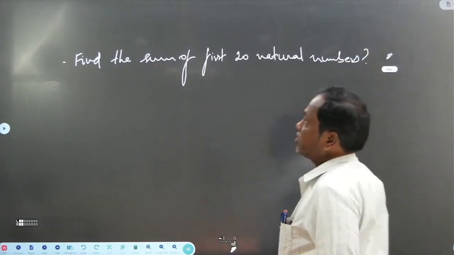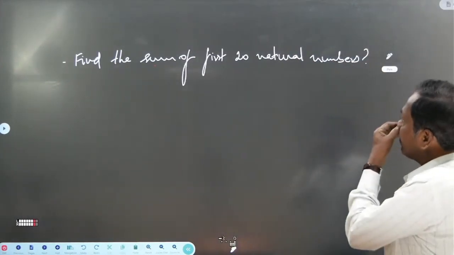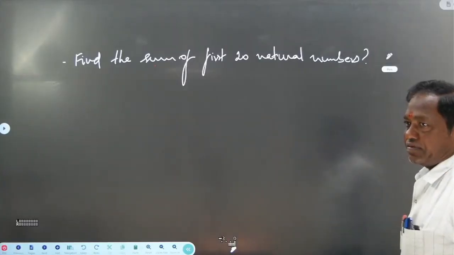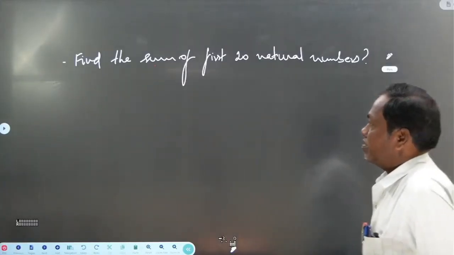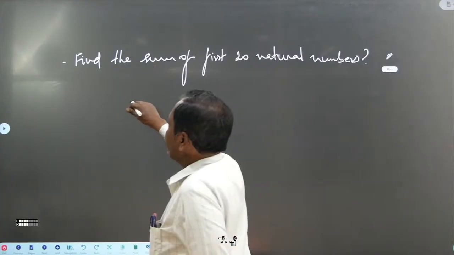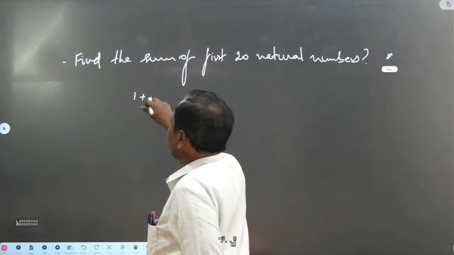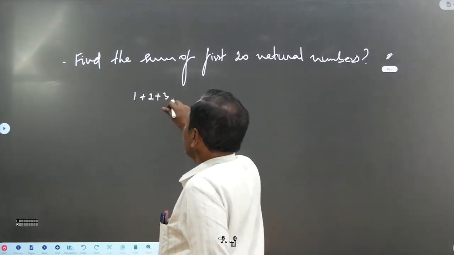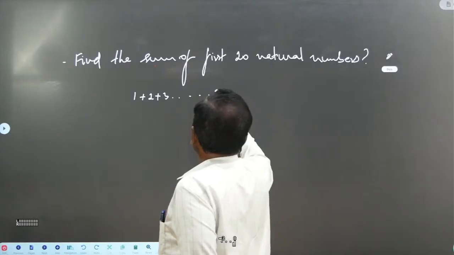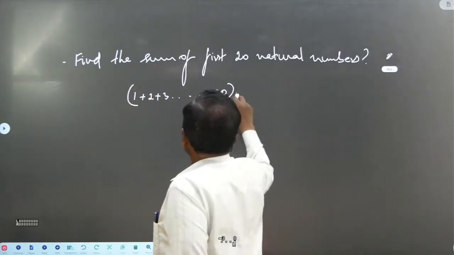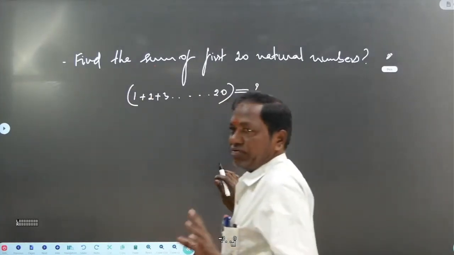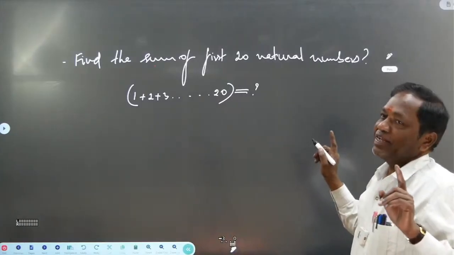Right. Do it now. Find the sum of first 20 natural numbers. If you download the information, how do you download it? 1 plus 2 plus 3 up to 20. Finish. You have downloaded the information from the question.